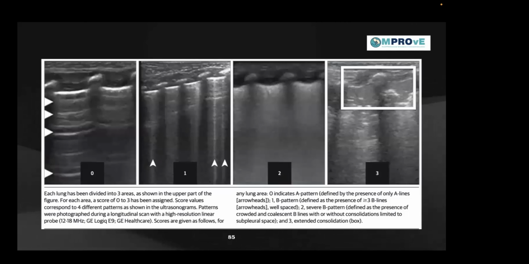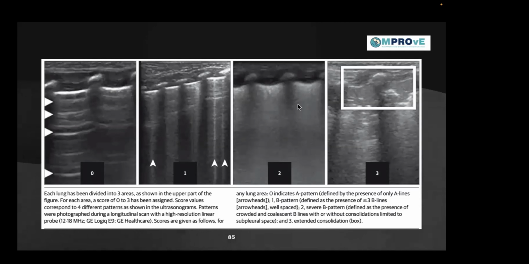About the pattern recognition, let's not kill ourselves with a lot of information today, because we're going to go through this again in the upcoming sessions. But just to understand what we are seeing, this is A profile, and this is B profile, some B lines coming up.